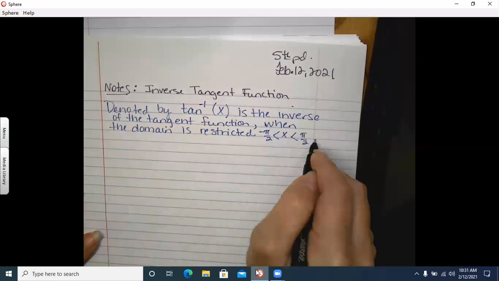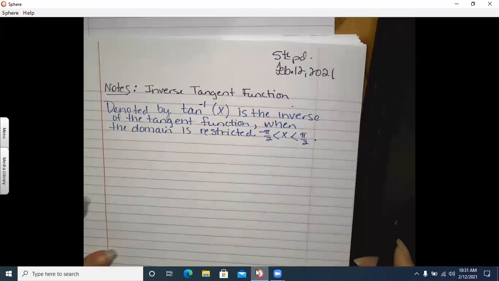So if you recall when we graphed tangent, just y equals tangent of x, the most basic with no shifts, your first main period starts at -pi/2 and goes to +pi/2. All right, and remember tangent, you have the asymptotes, right?